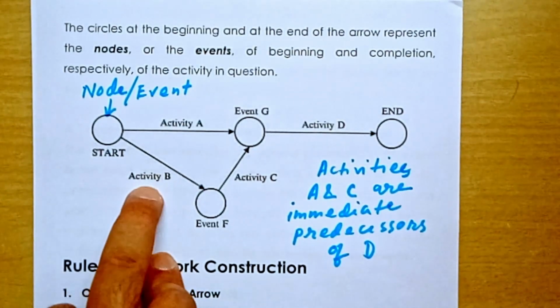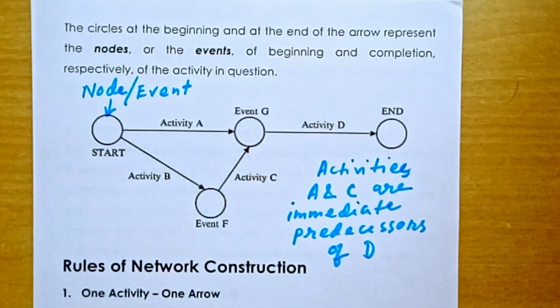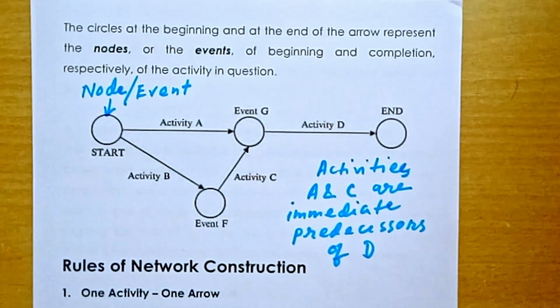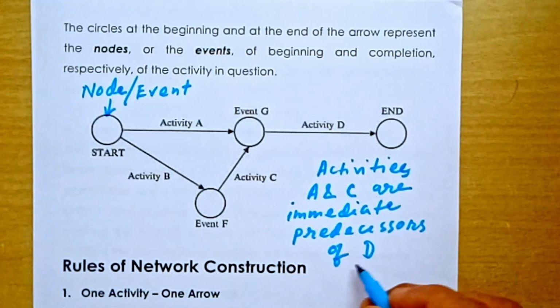Whereas B is also a predecessor of D, but B is not an immediate predecessor.